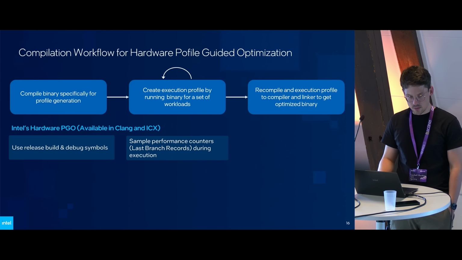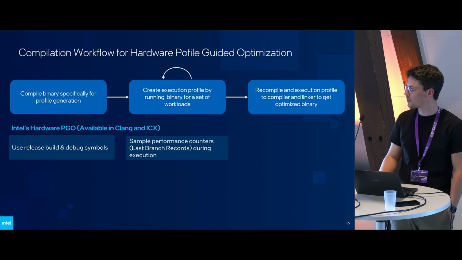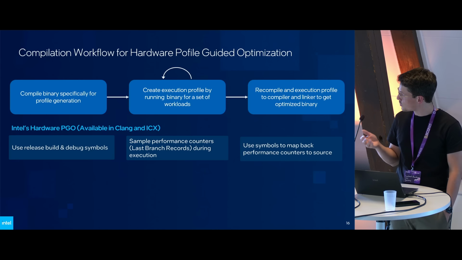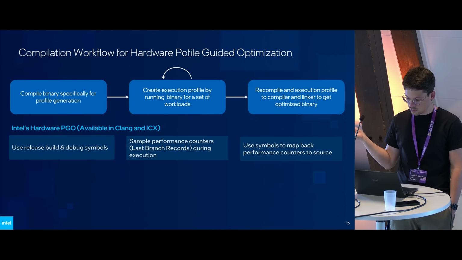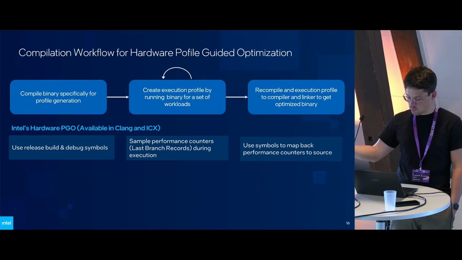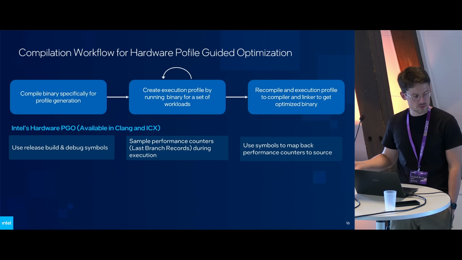Intel CPUs have special performance counters called last branch records that give us the same information the instrumentation of PGO gave us. Then we post-process these performance events, and using the debug symbols from the first step, we can map the counters back to source and turn them into a profile that we can feed back to the compiler.